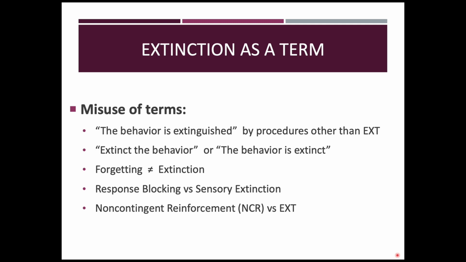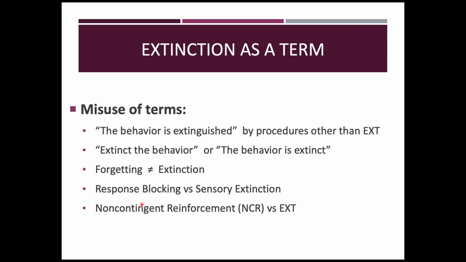So if somebody's engaging in self-injurious behavior or even aggression, we may utilize response blocking or response blocking with redirection. We block the self-injurious behavior, we redirect the behavior to something else. So not the same as sensory extinction unless you explicitly know that the behavior is maintained by automatic reinforcement and you're blocking the response to prohibit the behavior from contacting the reinforcer.